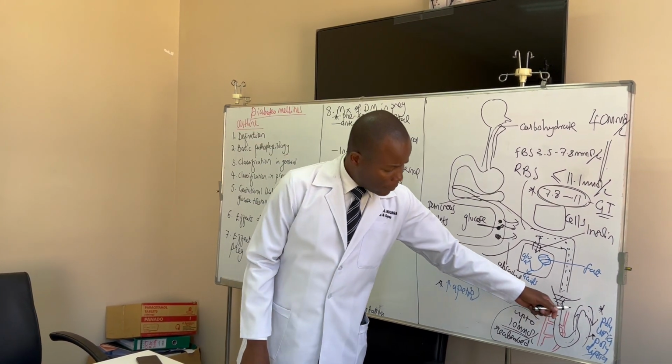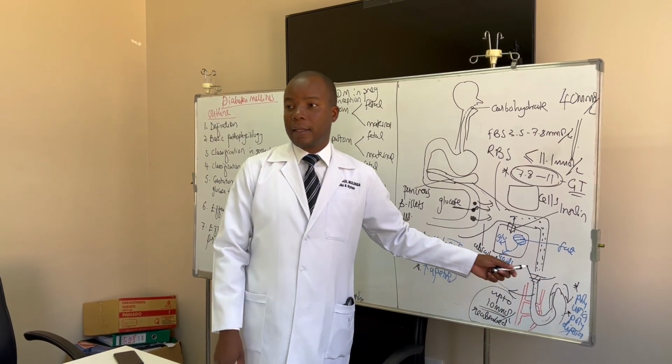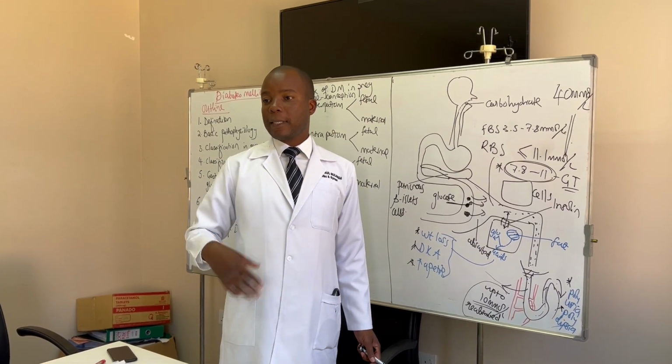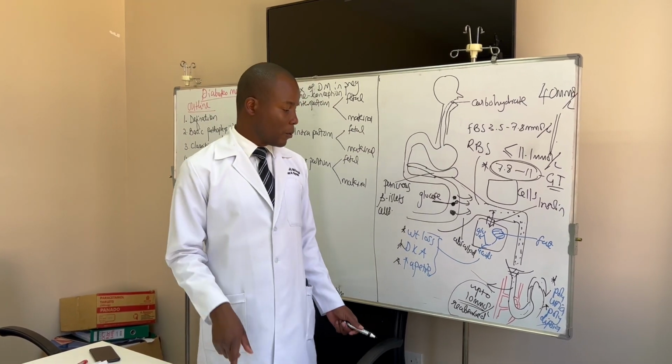So, you find that there will be a lot of polyuria, because one will be passing a lot of urine because that water is following glucose.